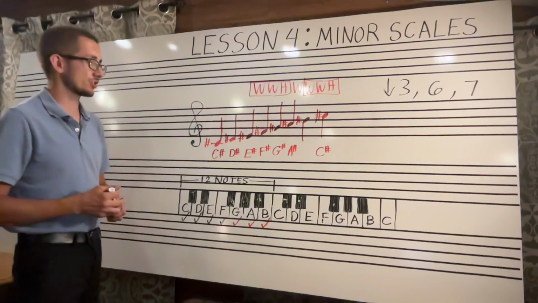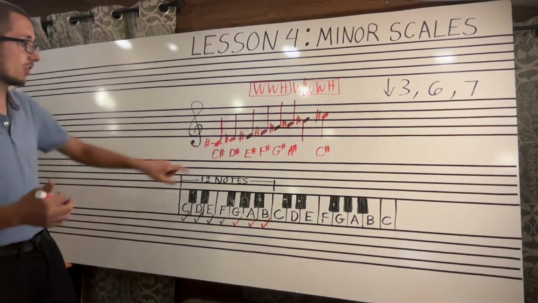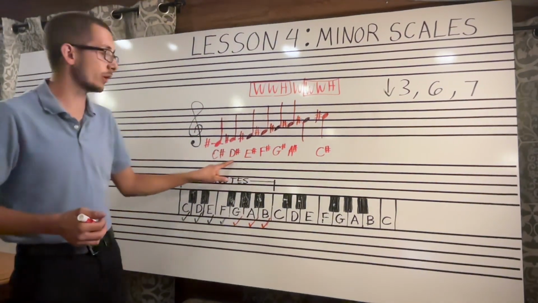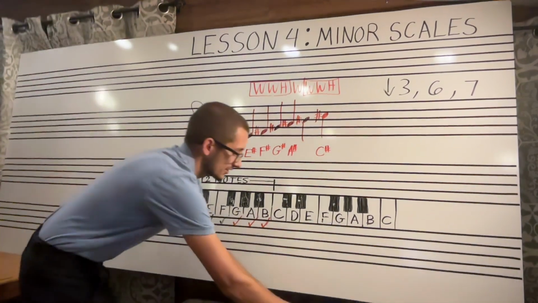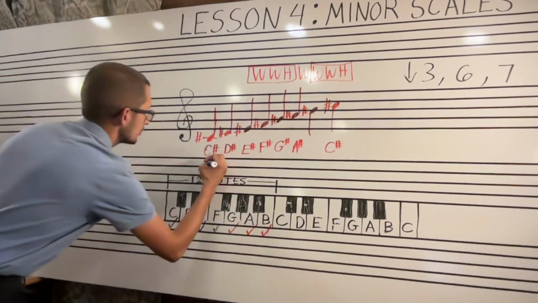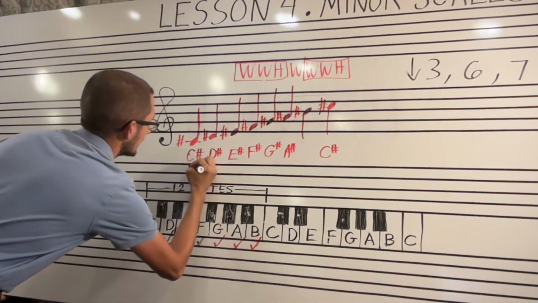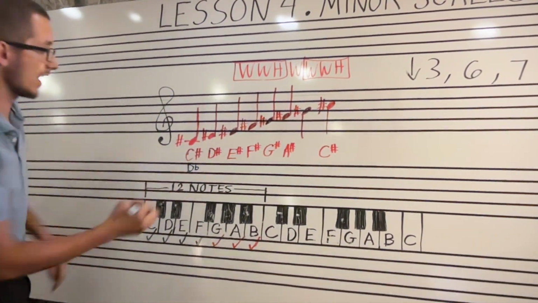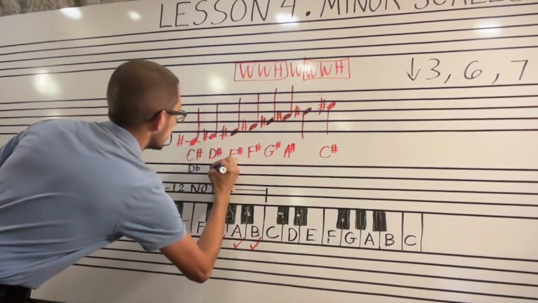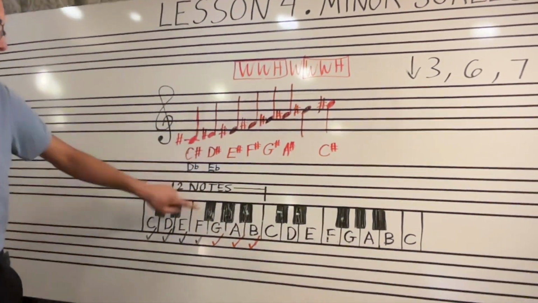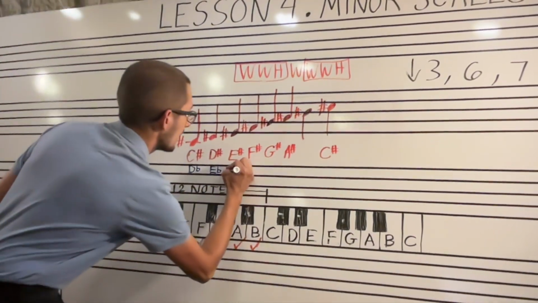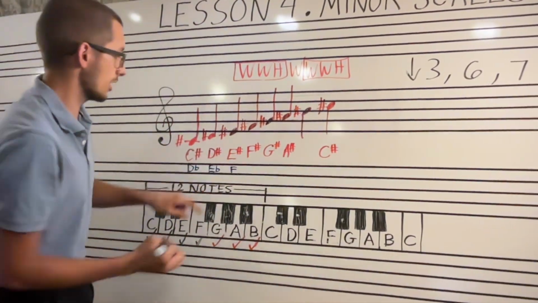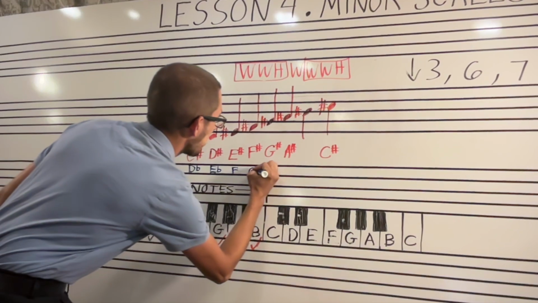For the D flat major scale, the D flat major scale uses the enharmonic equivalents of these notes. So instead of C sharp, it uses the note D flat. Instead of D sharp, it uses the note E flat. Instead of E sharp, it uses the note F. Instead of F sharp, it uses G flat.